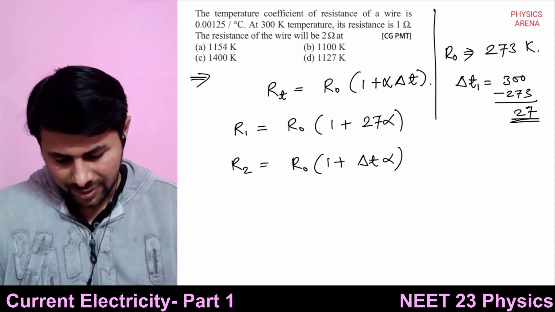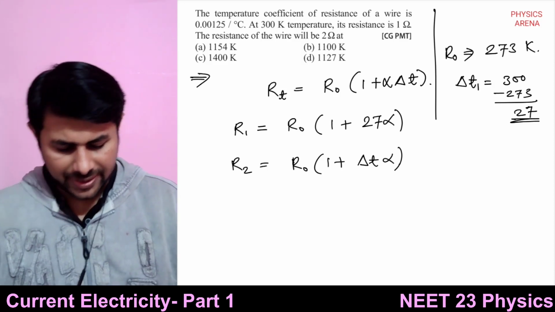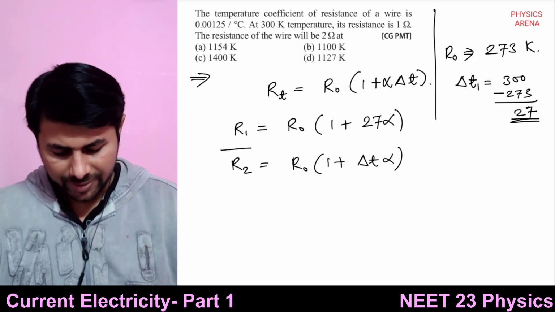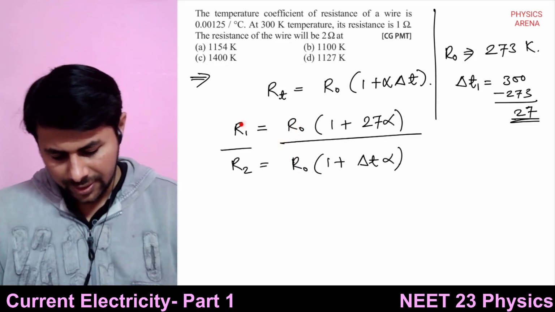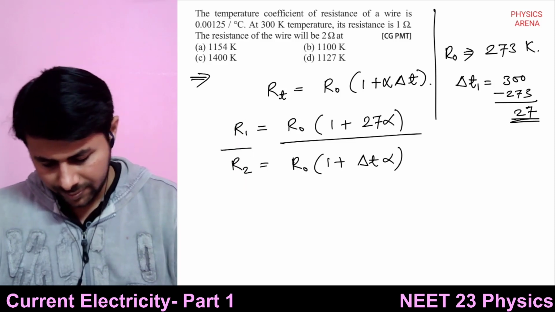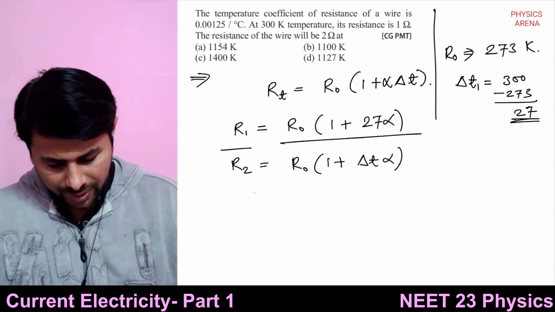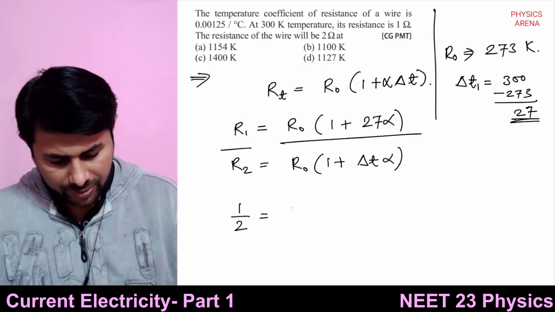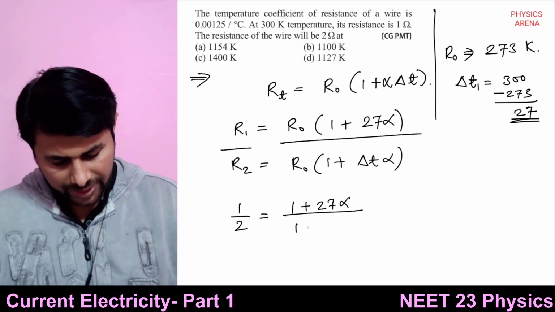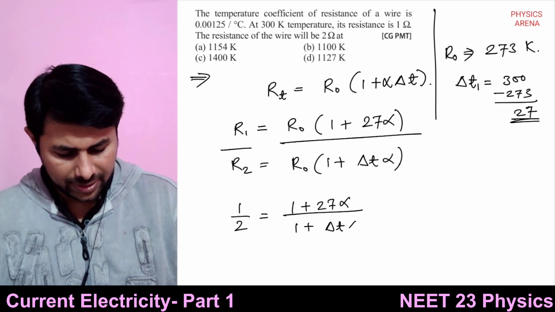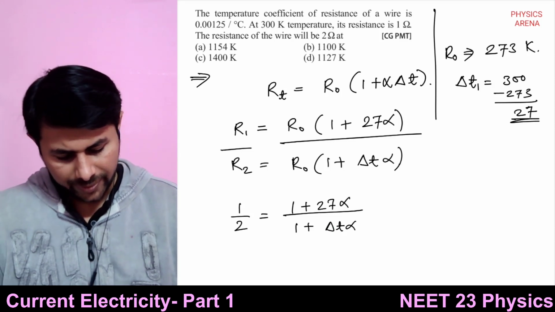Okay. So we can divide second by first or first by second. So this R naught will get cancelled. This is 1 by 2. So we can say 1 by 2 is equal to 1 plus 27 alpha divided by 1 plus delta T times alpha. Okay.